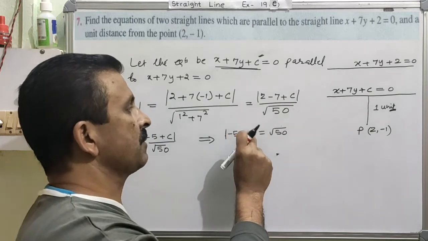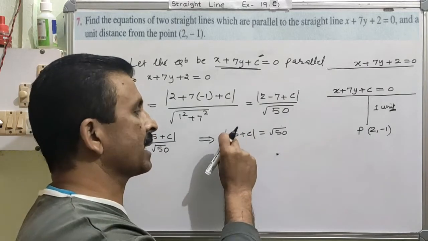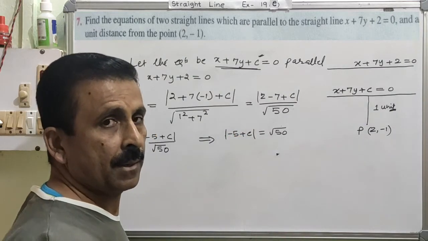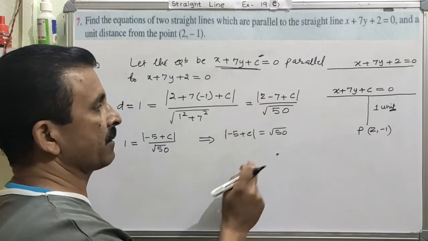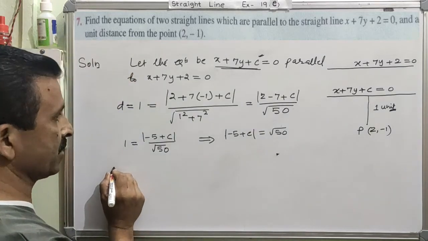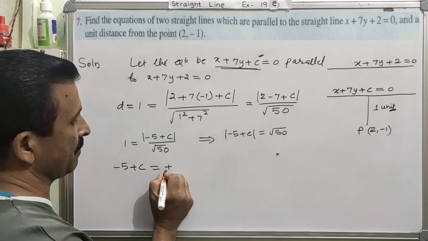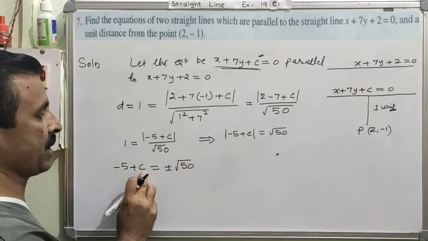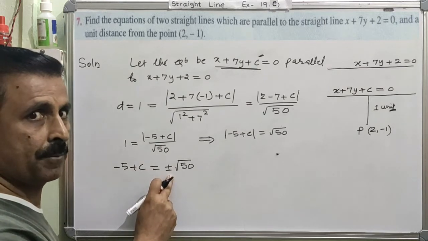So for this number inside the absolute value, there is a double possibility that the inside term could be negative or positive. Am I clear? And therefore, the moment you remove the absolute value sign, on the right hand side you have to put minus and plus both. So it becomes minus 5 plus C is equal to plus minus root over 50. We have removed the absolute value sign, and therefore we have introduced plus and minus. Clear?